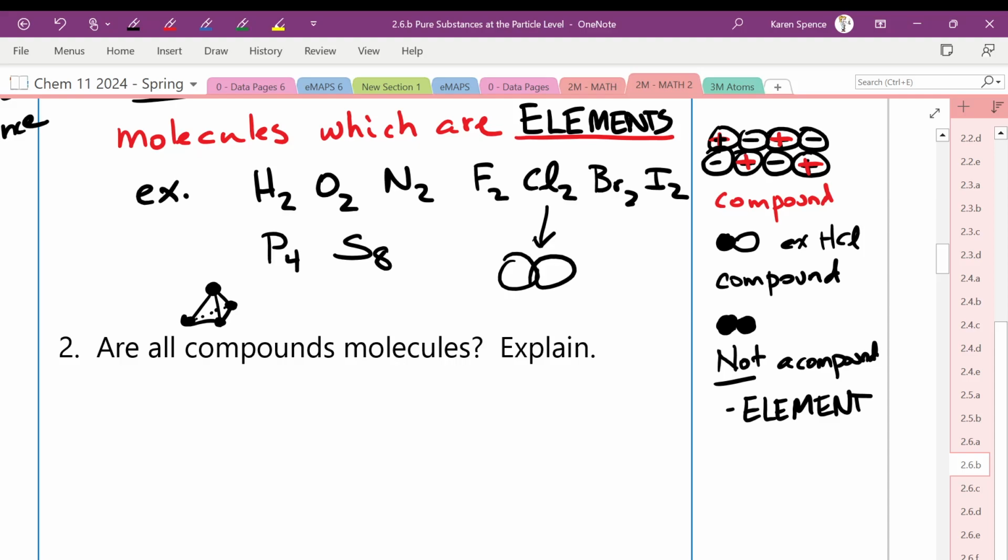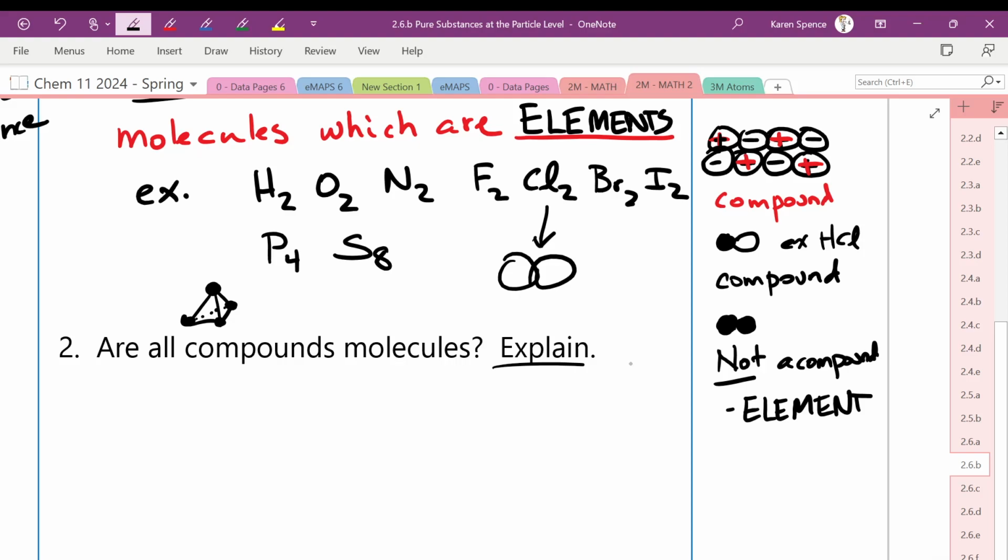Yeah. Right. See if you can convince your partner. See if you can explain to them why you hold the opinion you do. Compounds are two or more different elements, right? Molecules are two or more different elements. Therefore, it's all compound molecules. Yeah, but not all molecules are compounds.